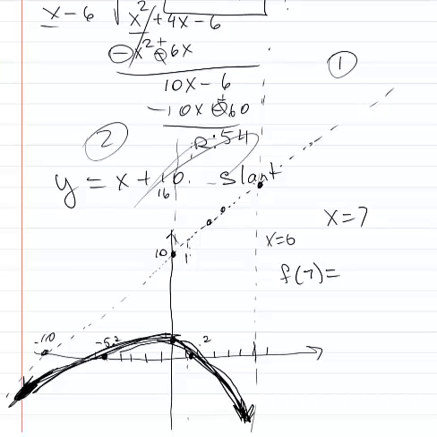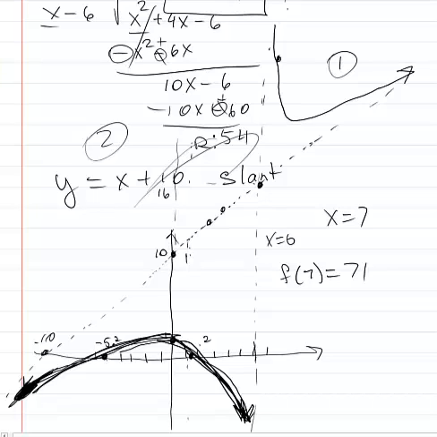I get a really big number, which is 71. So that means when x is 7, it's very high up over there. Then it has to turn and start to approach the asymptote. So it's going to be somewhere here, and then it's going to turn. We don't know where it turns. That's the question of calculus, and then it's going to continue going that way.